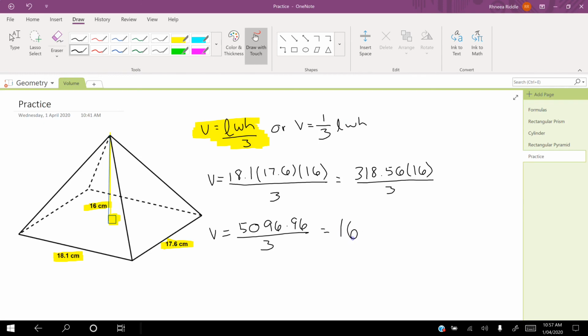So it's going to be 1698.986 repeating. So that 6 is going to keep going on forever and ever. So our answer to the volume of this rectangular pyramid is 1,698.986. And again, we have to remember that this is volume, so centimeters cubed.